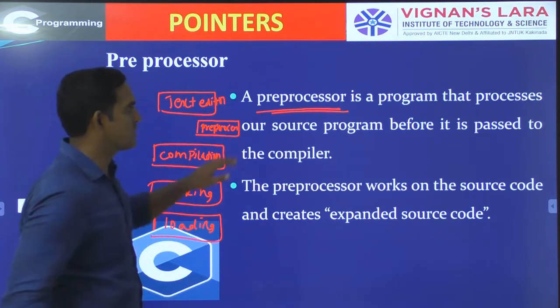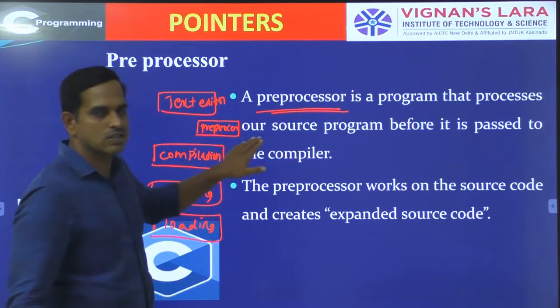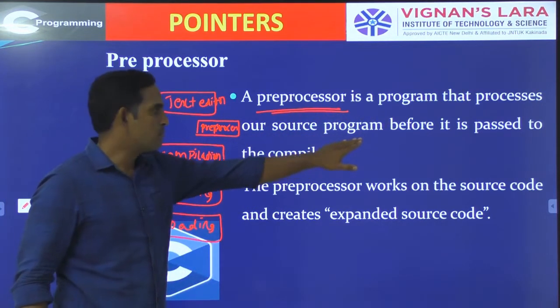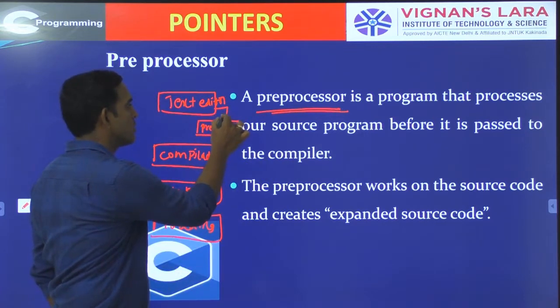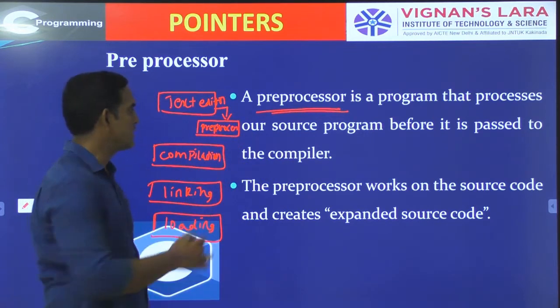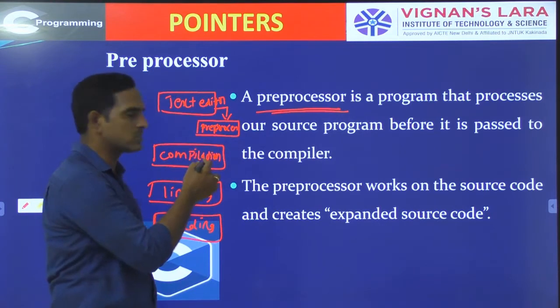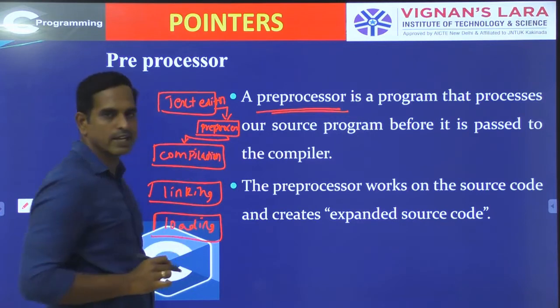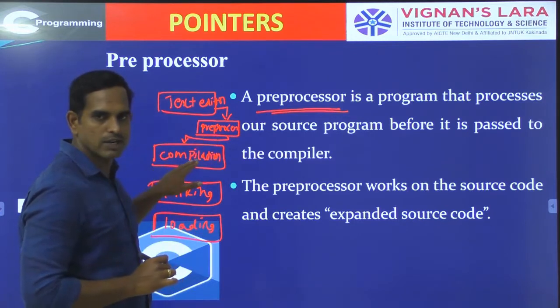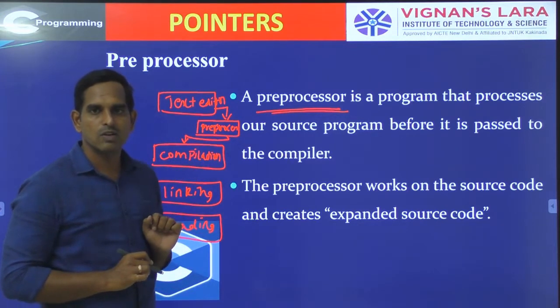So the preprocessor is a program that processes our source program before it is passed to the compiler. Whatever code you write, the source code, has to go through the preprocessor. The preprocessor modifies the source code accordingly and provides that source code to the compiler, okay.